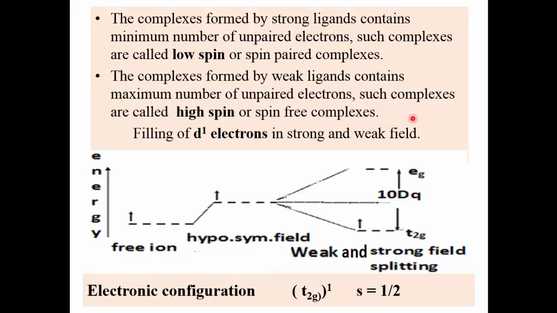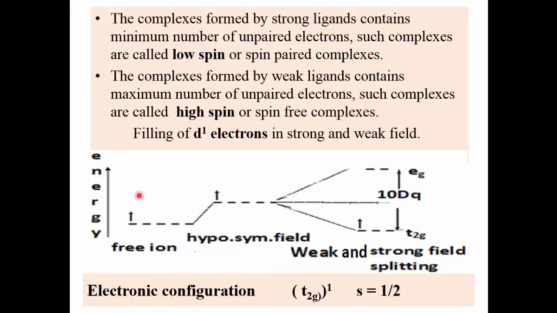We are going to discuss what low spin and high spin complexes are with the help of examples, how the electrons are filled and how the complexes are called low spin or high spin complexes.